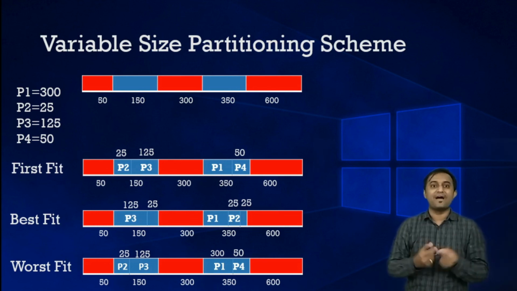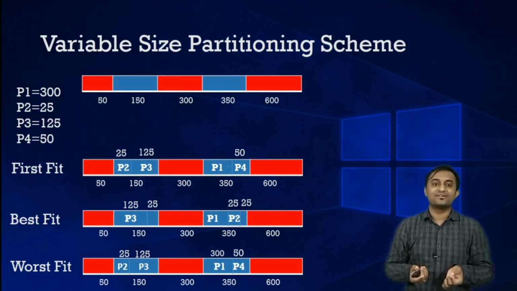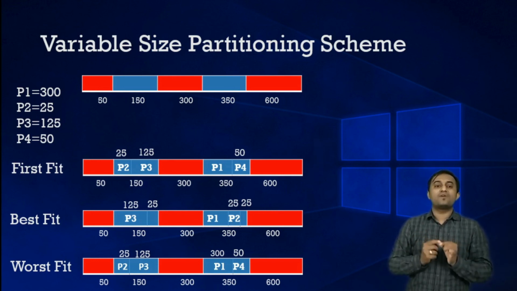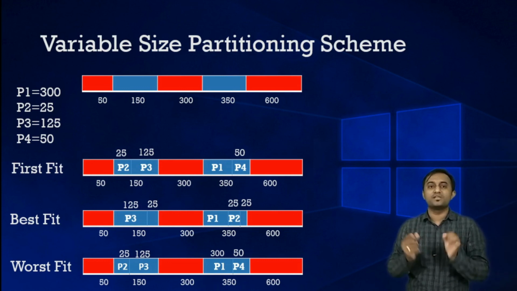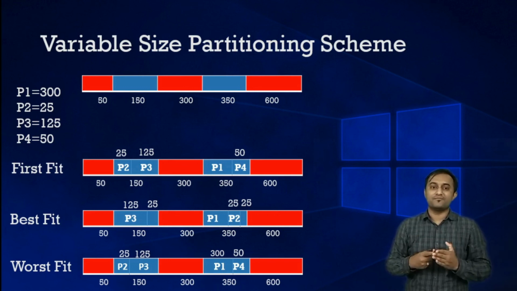That is the reason why the wastage of memory would be higher. That's why this will perform worst in the case of variable size partitioning scheme, and the worst fit algorithm performs best in the case of variable size partitioning scheme. Why?